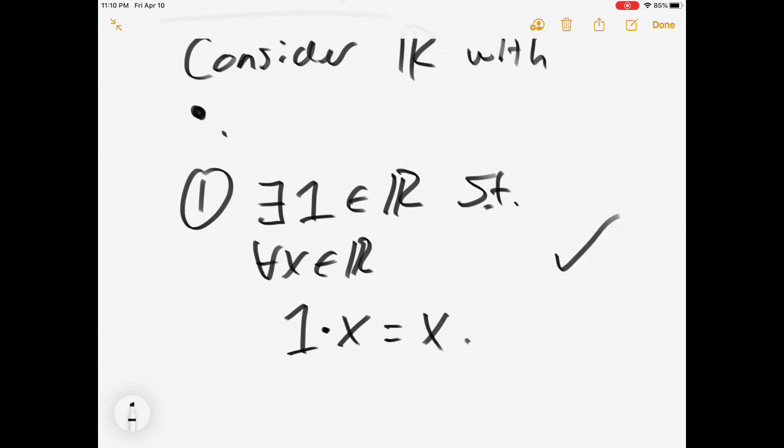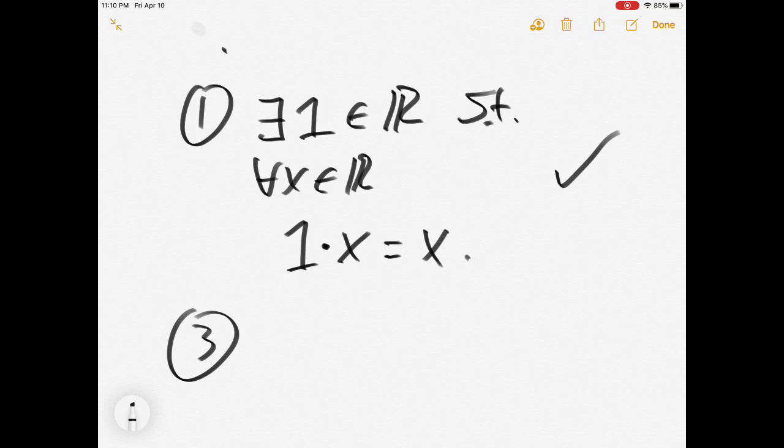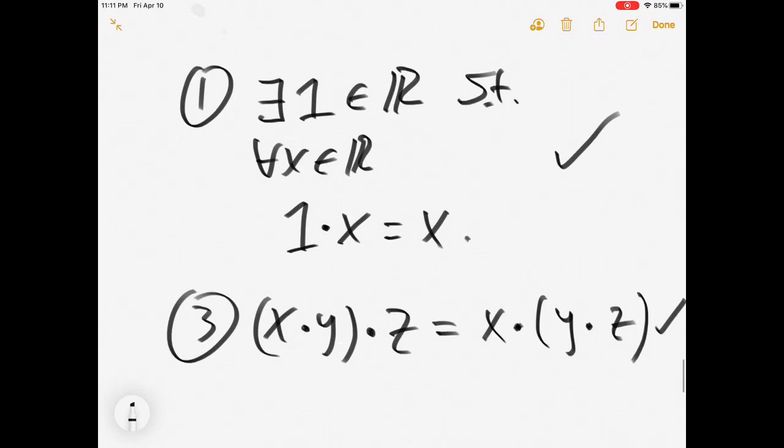So condition 1 is satisfied. For any x, y, z, if I take the quantity x times y and then combine that with z under multiplication, I get the same thing as if I had taken x and combined that with the quantity y times z. So property 3 is satisfied.